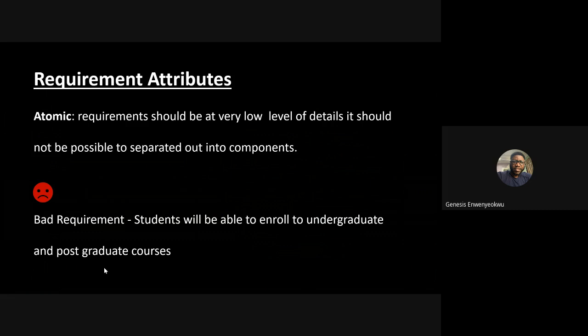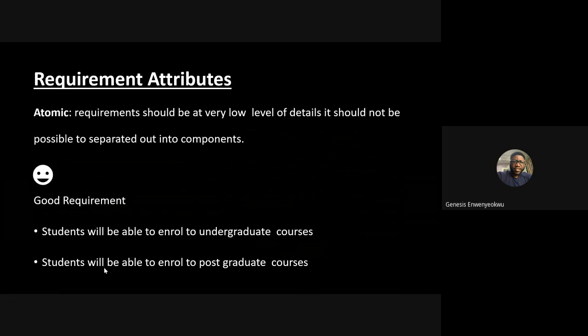So a good way to represent this requirement would be: students will be able to enroll to undergraduate courses. That will be a standalone requirement on its own. Then you have another requirement that will say students will be able to enroll to postgraduate courses. So in this way, you have your requirements as atomic as possible, and there's no possibility of separating them out into different requirements.